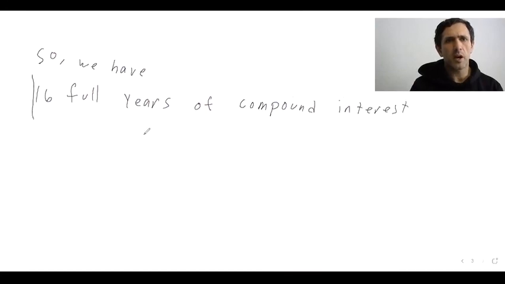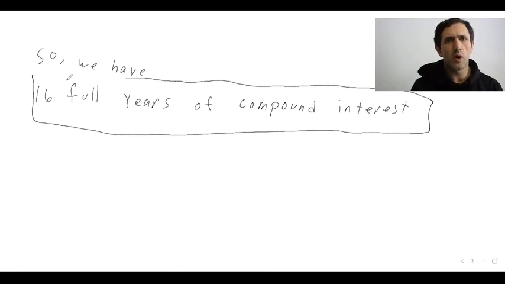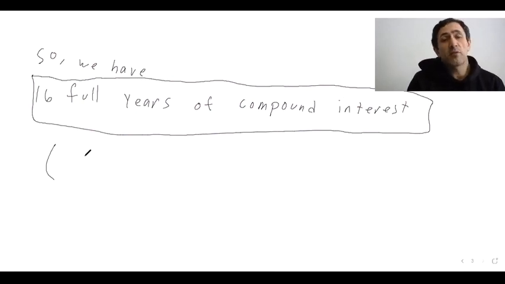Okay, why? Well, if you're not convinced, let's just see what happens if we let money sit in the account for 17 full years. Certainly, if we let it sit for more than 17 full years, we'll have more than if we let it sit for 17 full years.